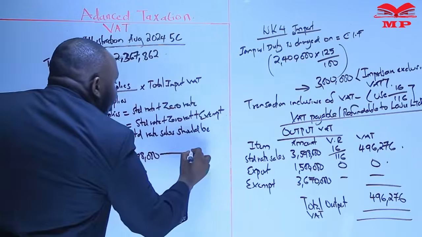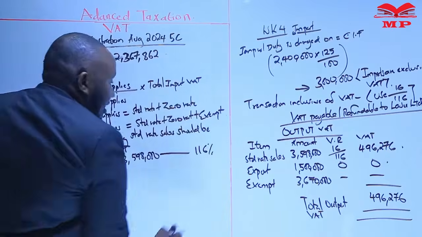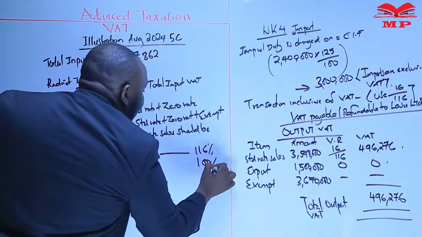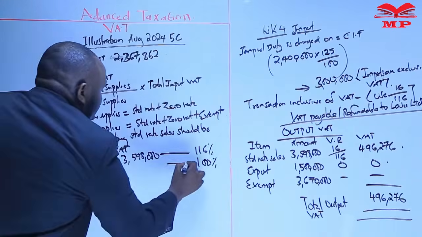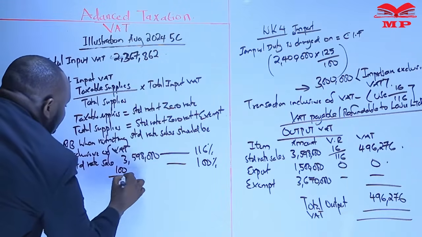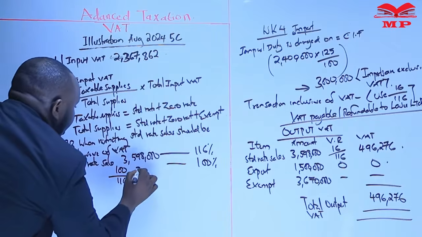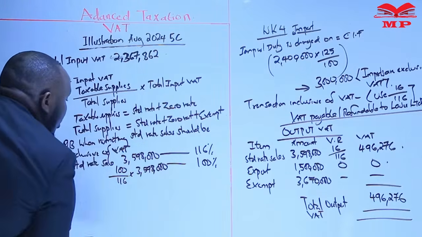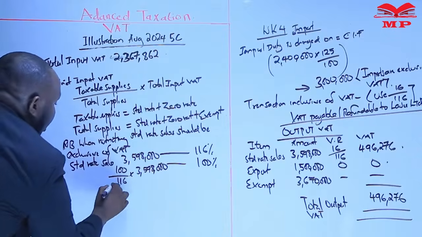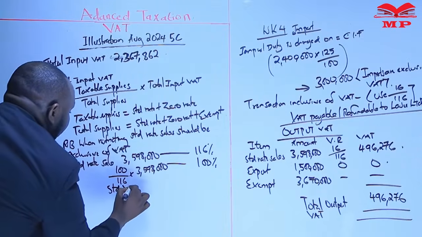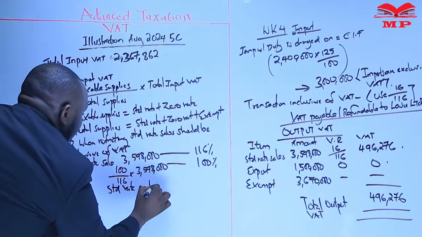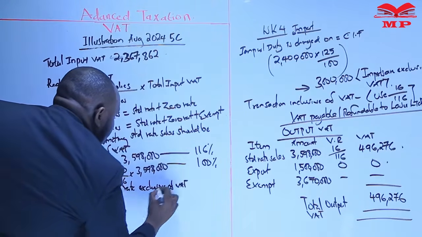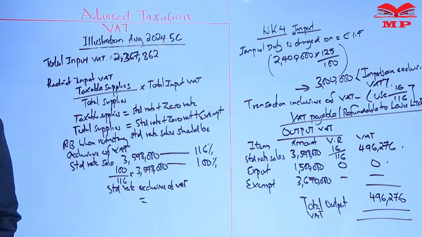So that implies that the figure is 116%. We make that figure exclusive. Exclusive is 100%. So we say 100 over 116 times 3,598,000. So we have our calculator.